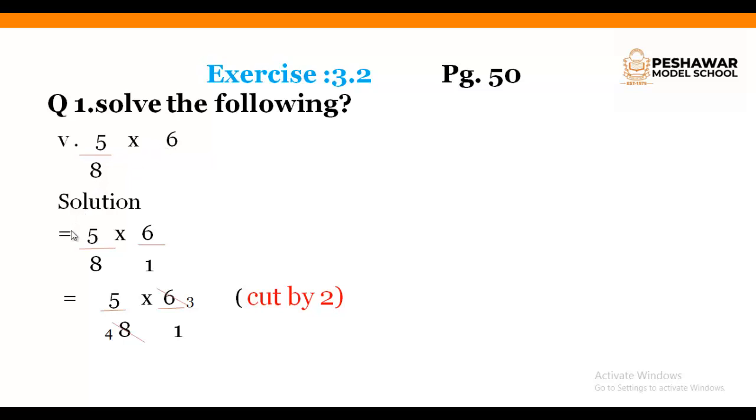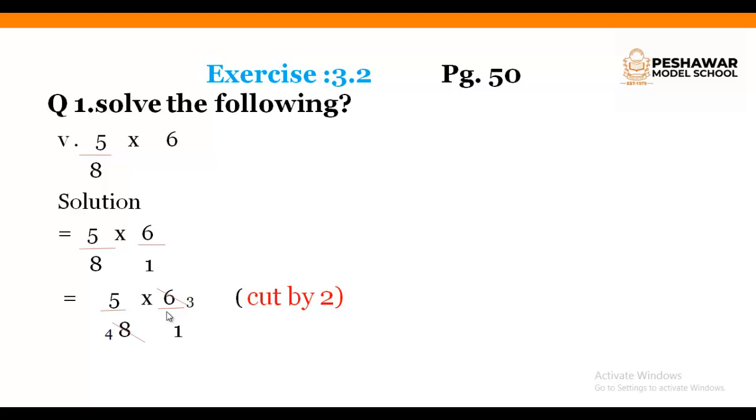Solution. The very first step, start with the equal sign, that is 5 by 8 multiply 6. Here you have no denominator, so you have to put 1 just to complete the fraction. So it will change into 5 by 8 multiply 6 by 1, equal to 5 by 8, 6 by 1.